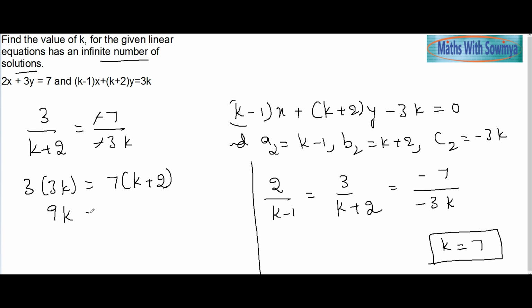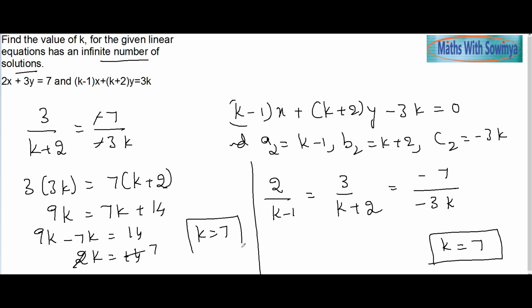This is 9k, 7k plus 14. So taking here, 9k minus 7k is equal to 14. 2k is 14. So k is equal to 7. Hence you can conclude your answer saying that k is equal to 7. We see one more word problem.